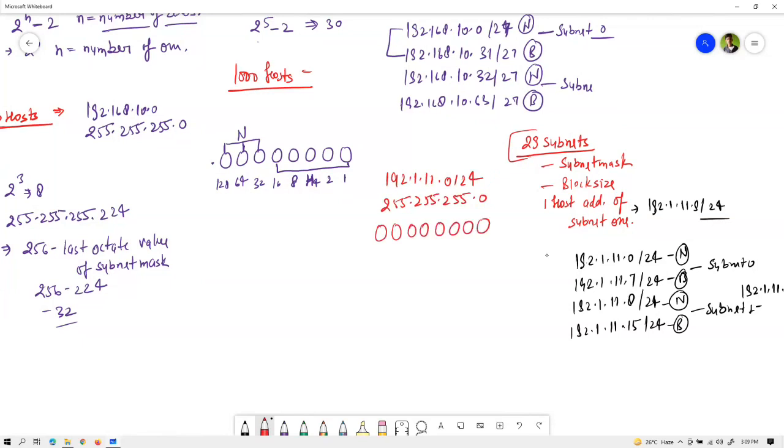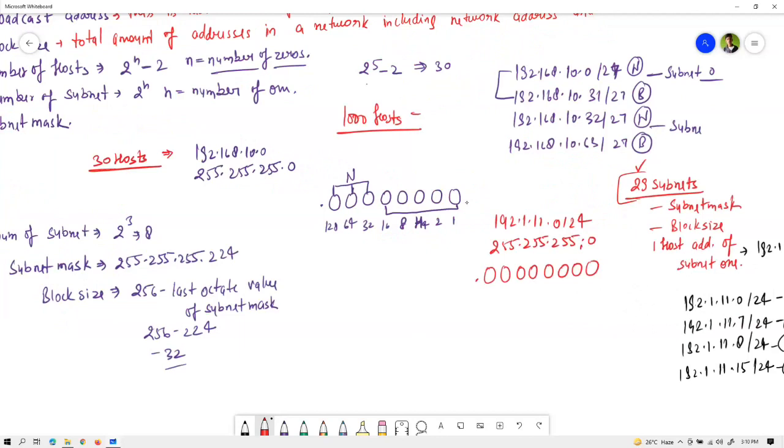Now you know that you require 29 subnets, right? So you need to check from the last octet how many bits you can make one, because for the number of subnets, the formula is 2 to the power n, where n is the number of ones. Right now the given subnet mask was /24. So here we are going to use 5 bits, which gives you 32.